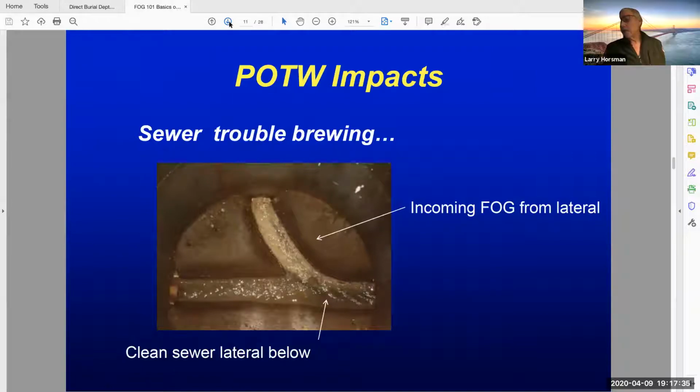Now that looks like the bottom of a sewer manhole. At the very bottom of the manhole, there's kind of a half pipe channel in there to channelize the flow. In this particular case, you've got sewer coming in from 2 different directions, combining and then going out of the manhole.